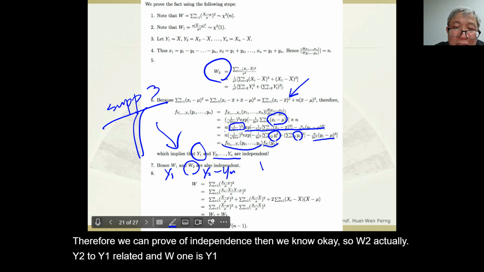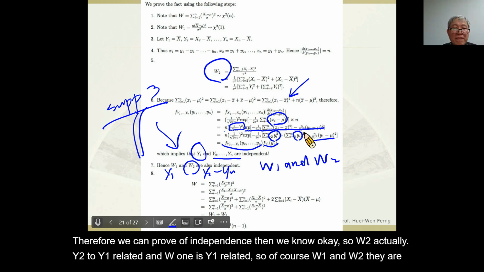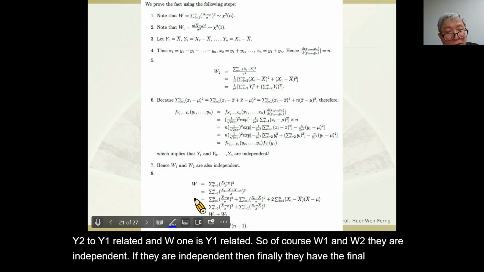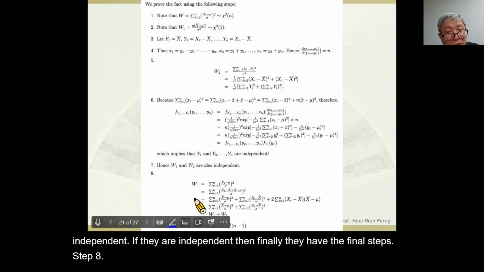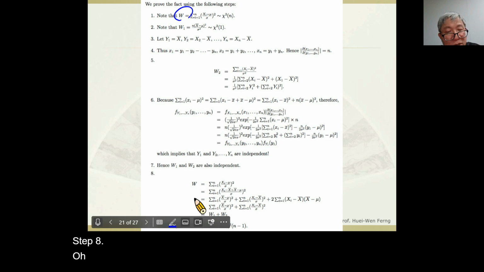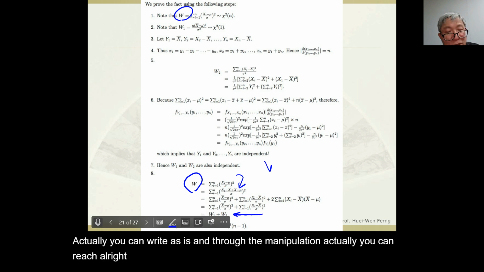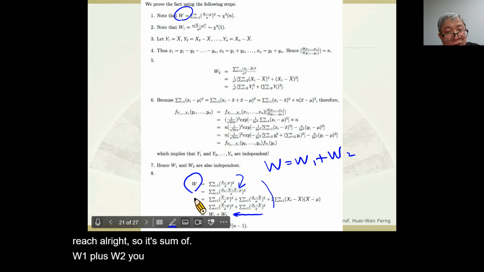So of course W1 and W2 are independent. If they are independent, then we have the final steps. Step 8: W here you can write as this, and through manipulation you can reach the sum W1 plus W2. You can check all the details here, and they are independent.